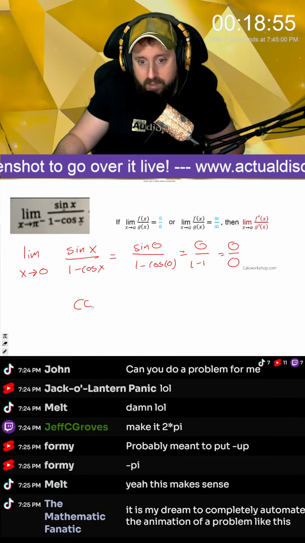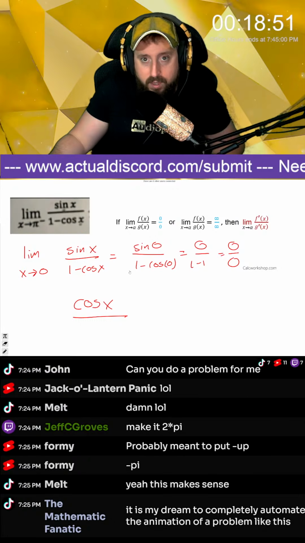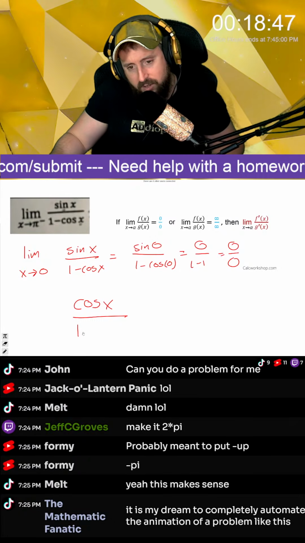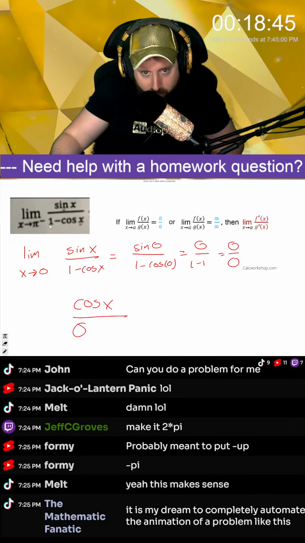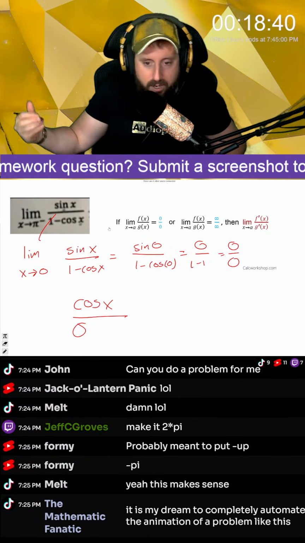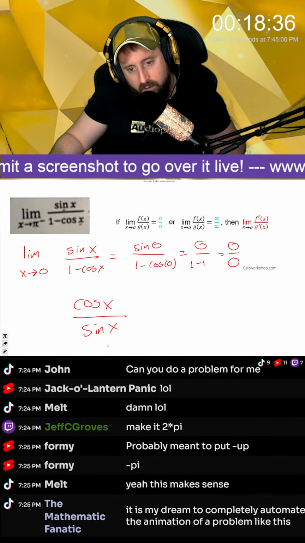So that's the same thing as cosine of x over the derivative of 1 minus cosine of x. The derivative of 1 is 0. Derivative of negative cosine is sine. So you get cosine of x over sine of x.